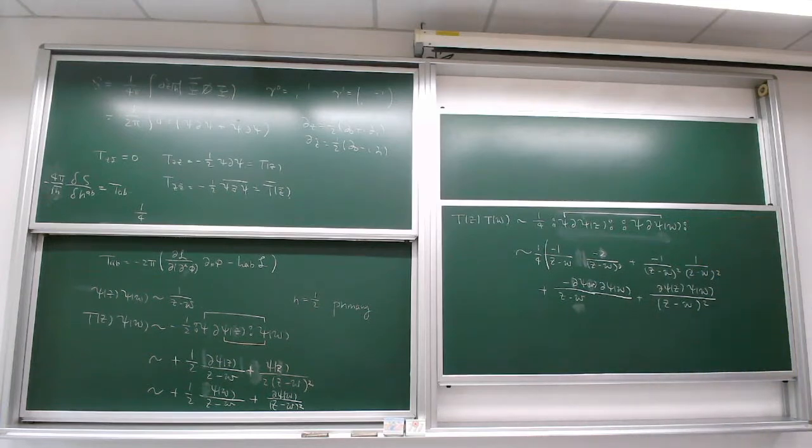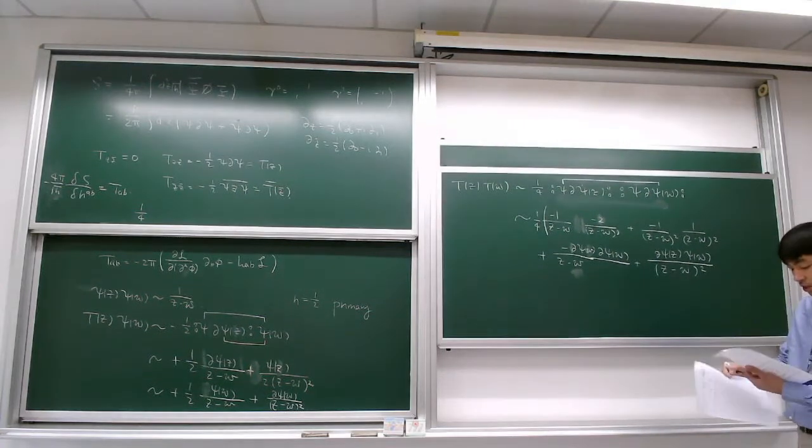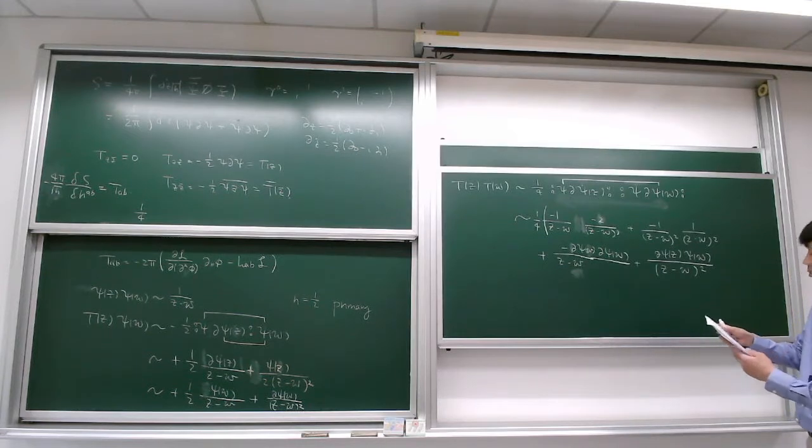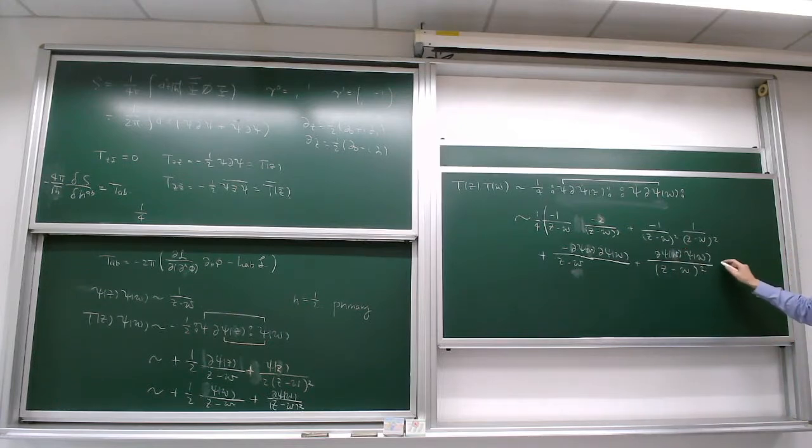Okay, so this is how you get it. Then you need to do the Taylor expansion. What you get is this is w, but you have subleading order z minus w.